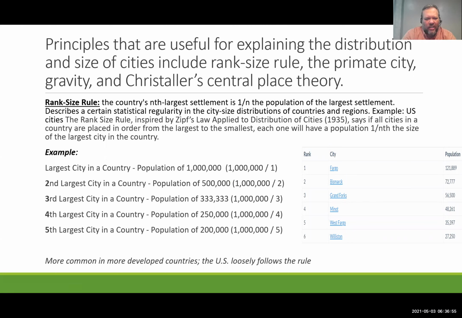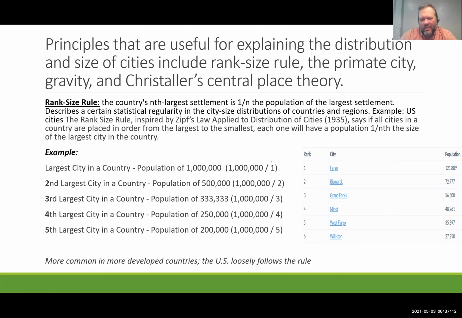In looking at the distribution of cities and the size of populations of cities, we've got two primary ones that we're going to look at. One is called the rank size rule, and we saw this in a video the other day.